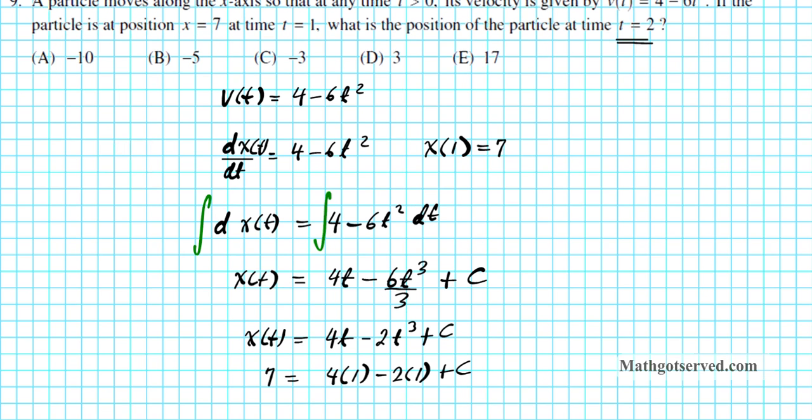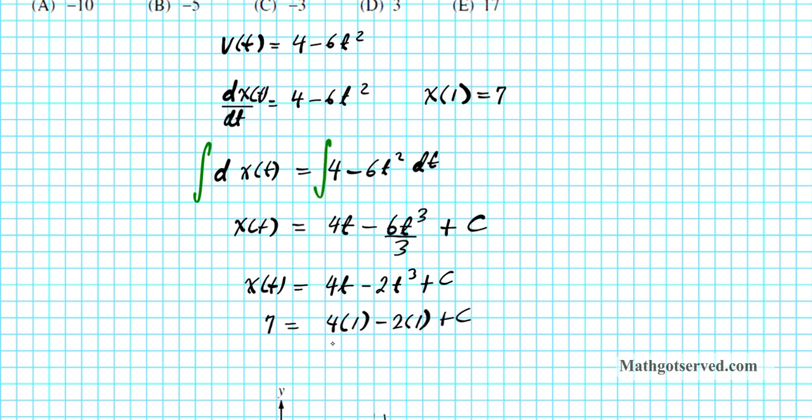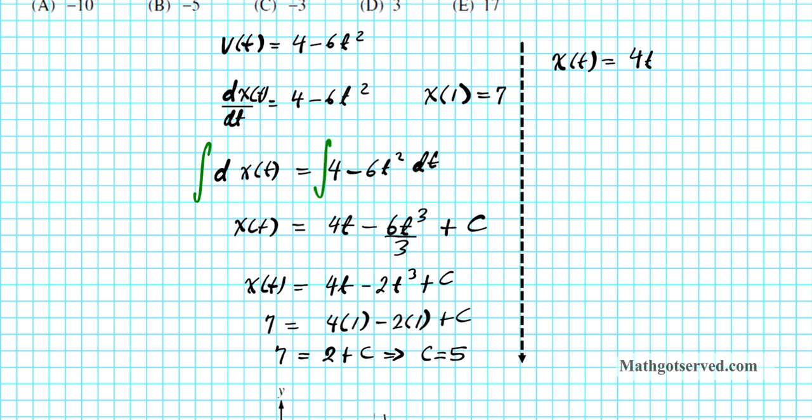If you simplify that, 4 minus 2 is 2, so 7 equals 2 plus c, which implies that c is equal to 5. So the particular solution to our differential equation is x of t equals 4t minus 2t to the third plus 5.